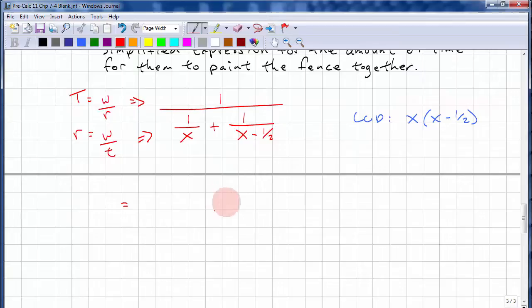Now we need to multiply by the missing factors. So we have 1 over X, and this is times X minus 1 half over X minus 1 half.